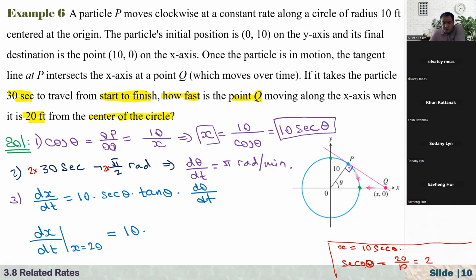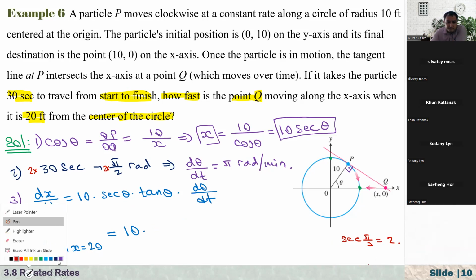So what is theta? Cosine of 60 degrees is 1 over 2, which means secant of 60 is 2. So secant of pi over 3 is equal to 2. When x equals 20, theta will be pi over 3.